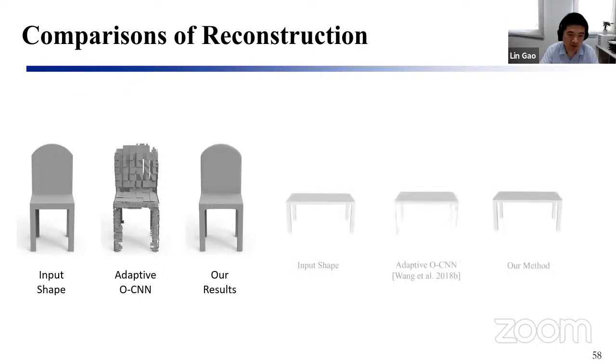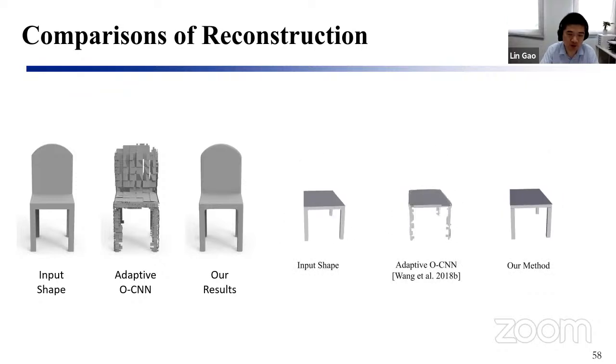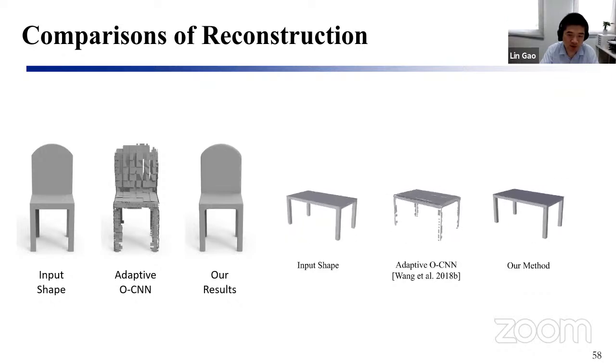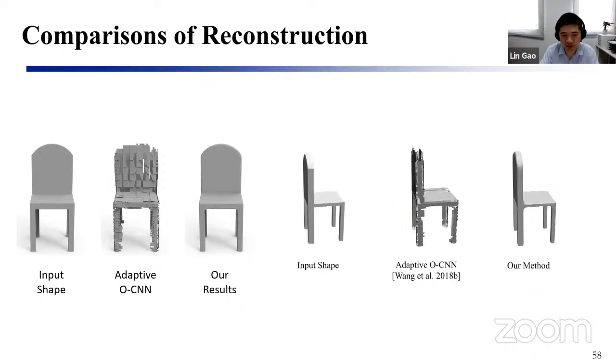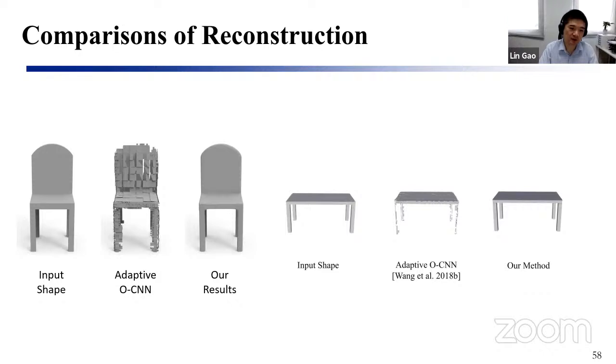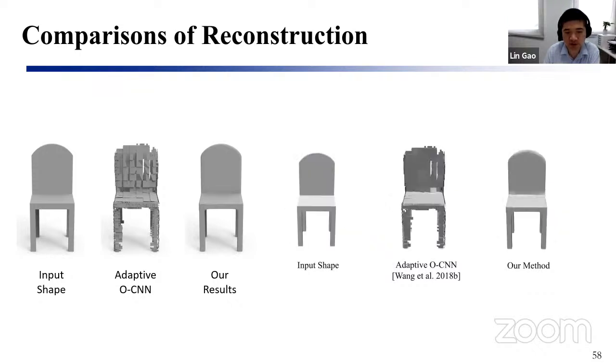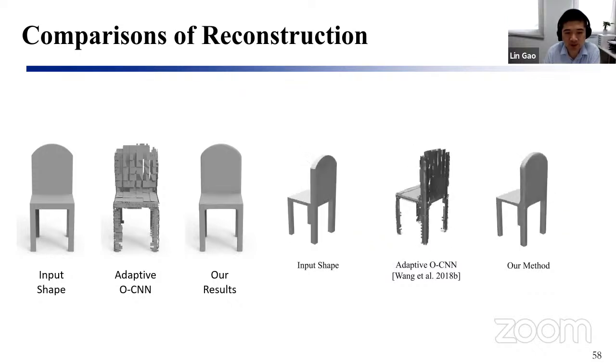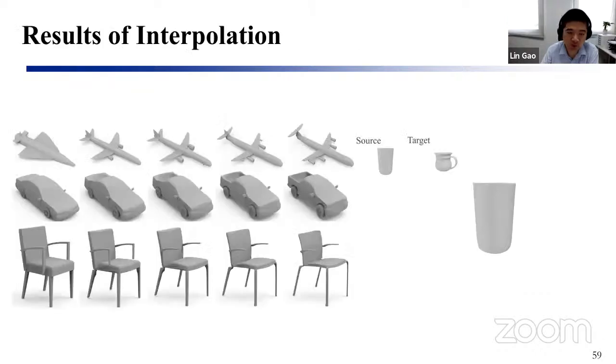The video shows that given the input shape, we could reconstruct and decode a shape very similar to the input shape, and with other methods this is not so easy a task because the other methods may depend on the voxel representation. The voxel is not easy to represent the geometry detail. Also we could do shape interpolation on the latent code. Given this shape, we could do the shape interpolation. It's very smooth, and each shape is also meaningful.